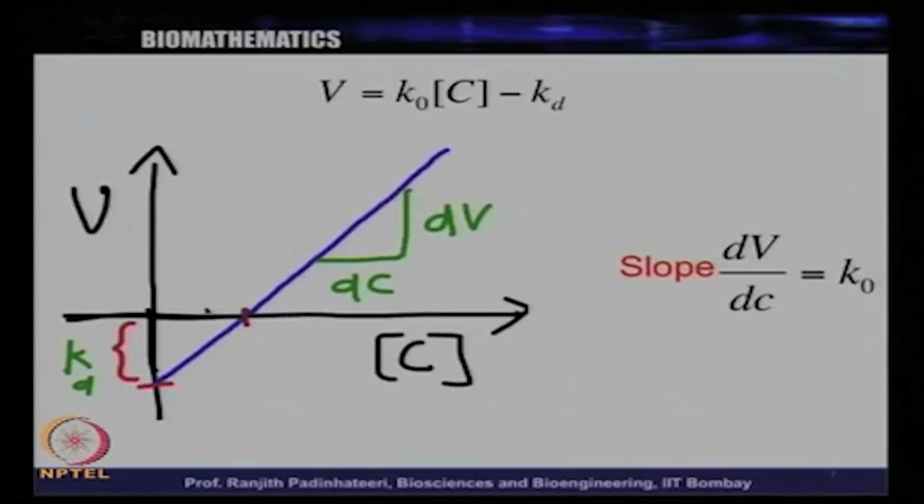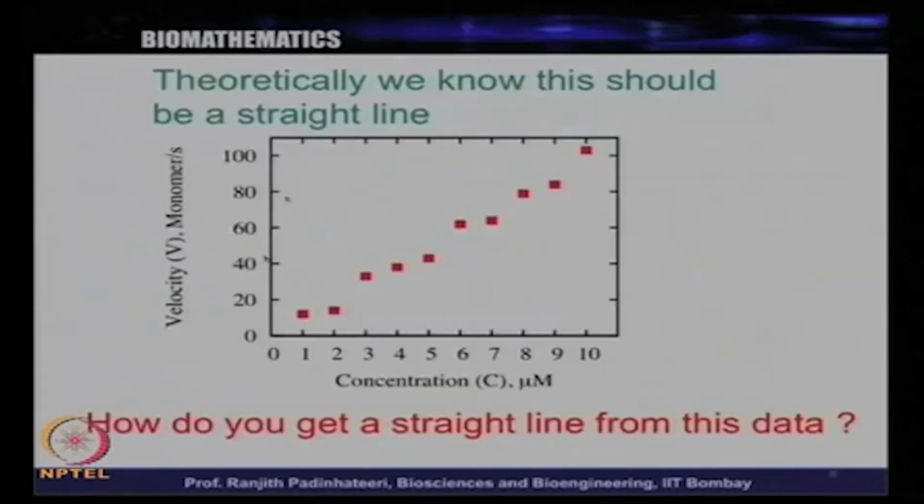If you plot V versus C, for every value of C it has to be a straight line, because this is the formula. So, theoretically we know that this should be a straight line.